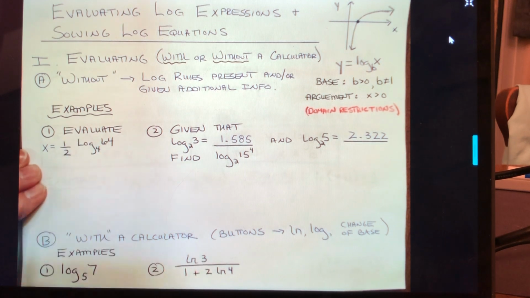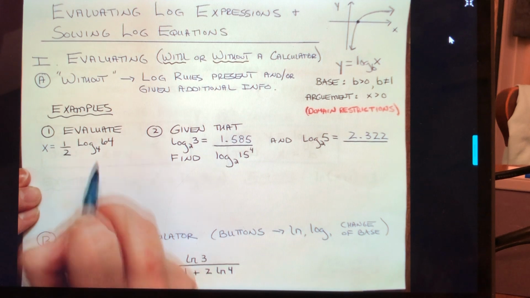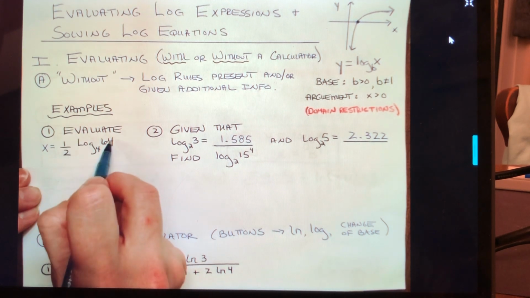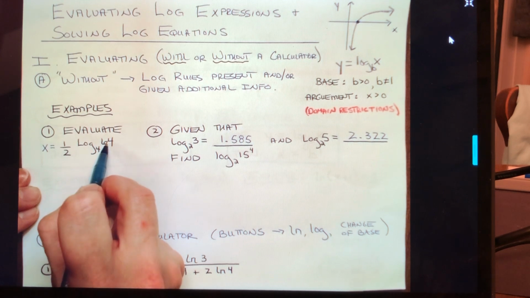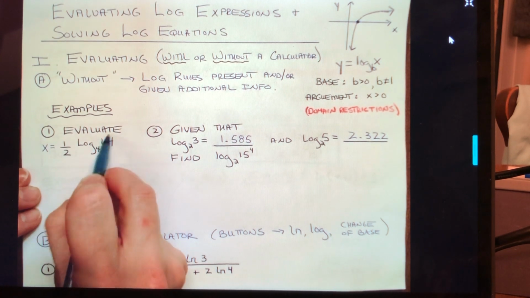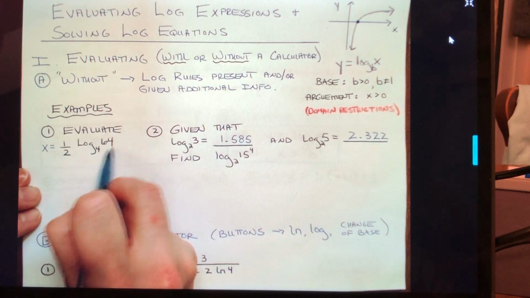That means that there must be some log rules present here. And in previous videos, we talked about if you have a log expression, if you have your base and your argument, there's a great simplification tool you can use. If you can get the argument to be the base to a power.